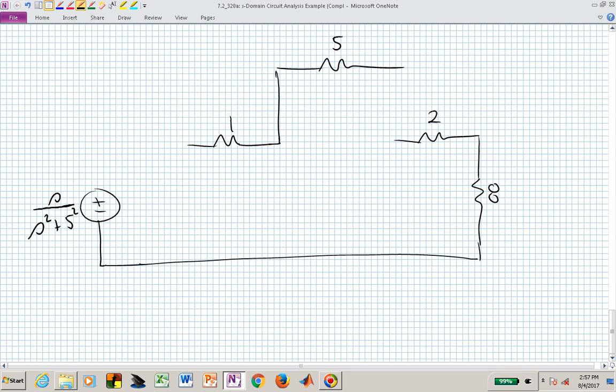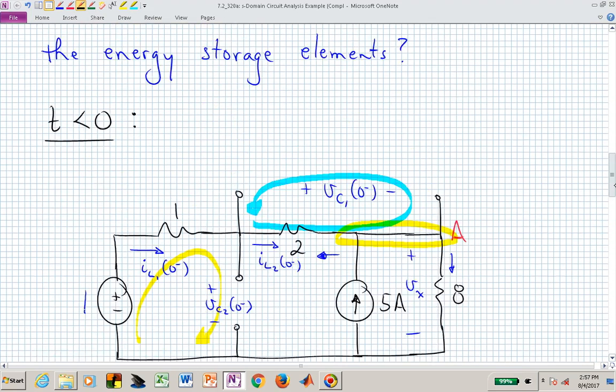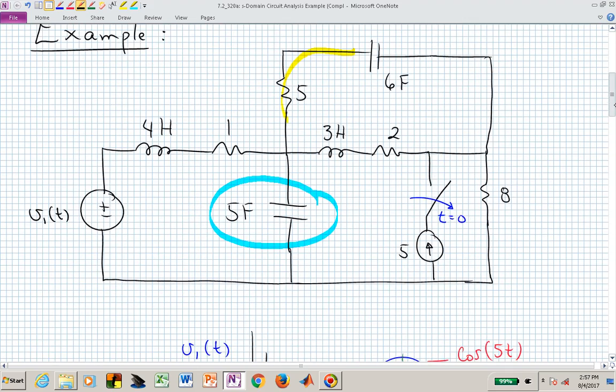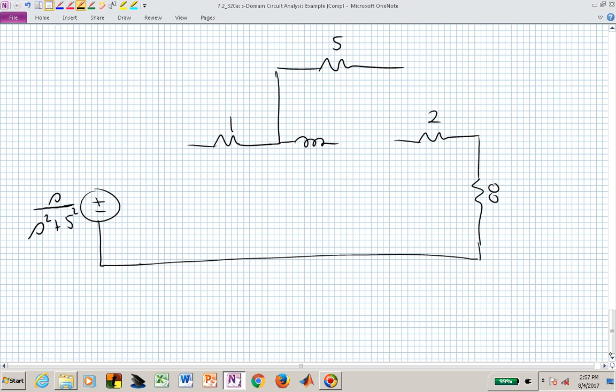But we do need to worry about the capacitors and the inductors and incorporating their initial conditions, and we want to do that to preserve the mesh analysis, or these three meshes, which means that we want to incorporate the initial conditions as voltage sources. So if we look at this second inductor, it's now S times L. That particular inductor had 3 henries for its L, so we now have 3S, and we have a source.